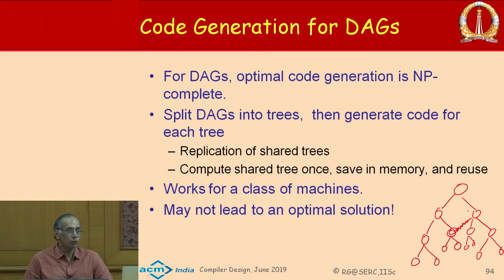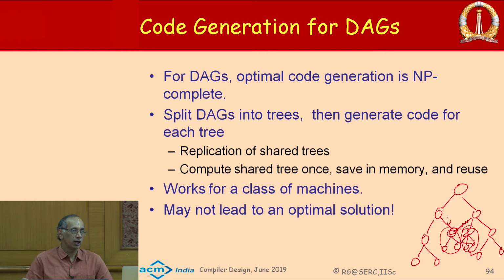Then I can generate code for this tree. But when I replicate, I will generate code for this part and I will again generate code for this part, which is redundant, and it will increase the cost of my code generator. Another way of doing this is not so much to replicate, but to generate code for one part, store it into a memory location and use that memory location in the other one.